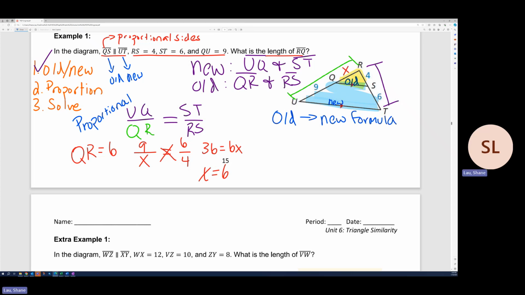If you remember back from the previous semester, we know that old times k equals new. But I want us to be careful here. This is not k. This value k here is not the scale factor that we've seen in the past.